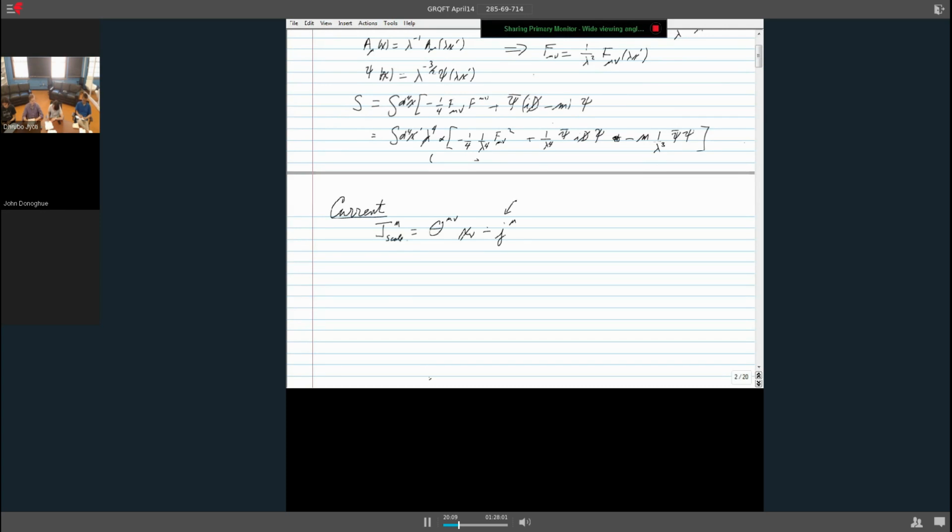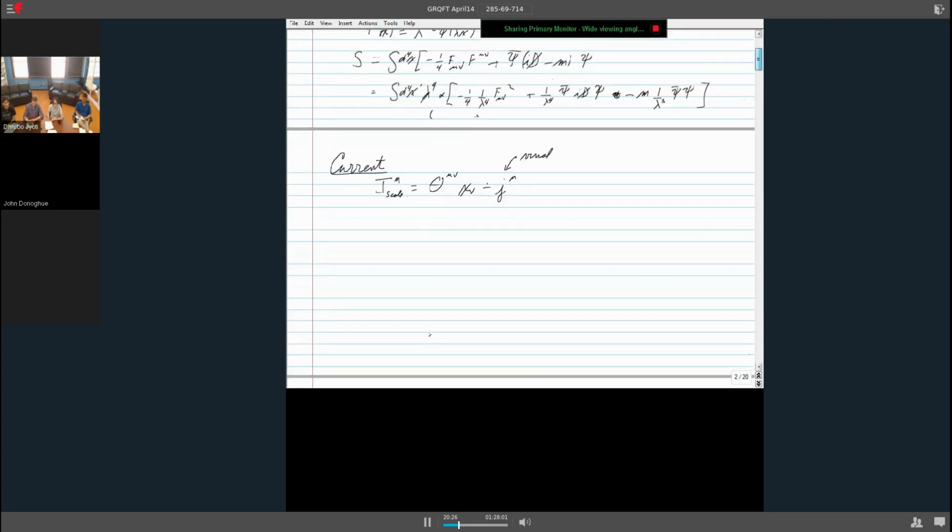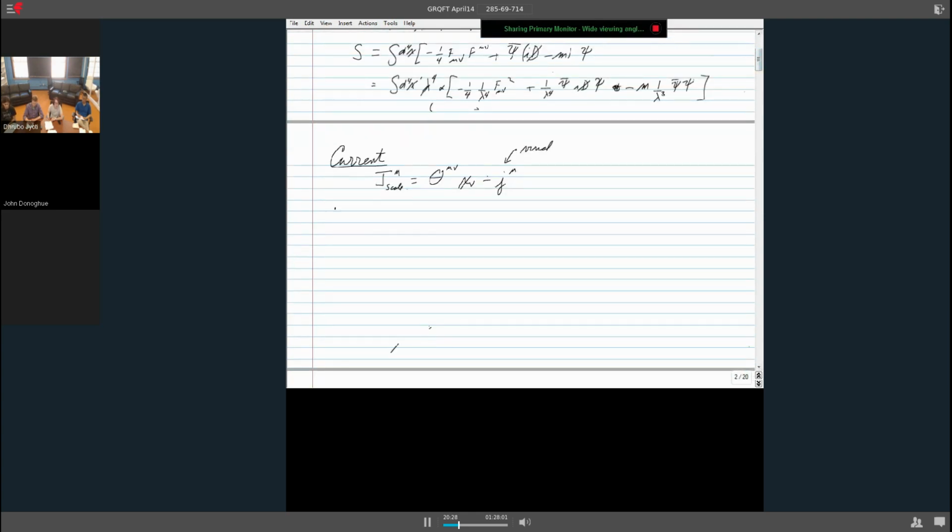And that current should be conserved if the mass is 0. So the general structure of this scale current is something like theta mu nu x nu minus some other current J called the virial current.